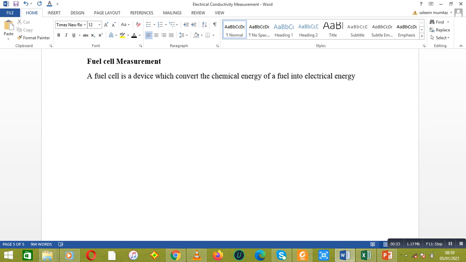It has three components. The first one is anode, second is cathode, and third one is electrolyte.